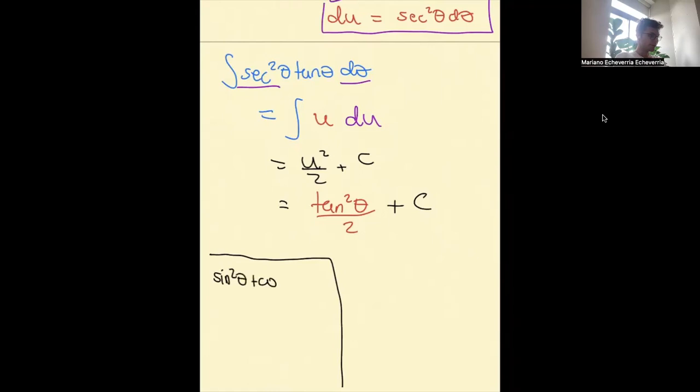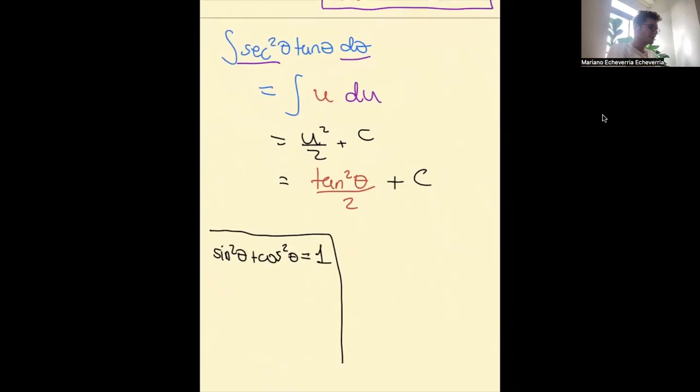Here's one way to remember it. You can start with this one: sine squared plus cosine squared equals what? It equals 1. This I do expect everyone to remember. It is very important to remember this identity. It's very useful.